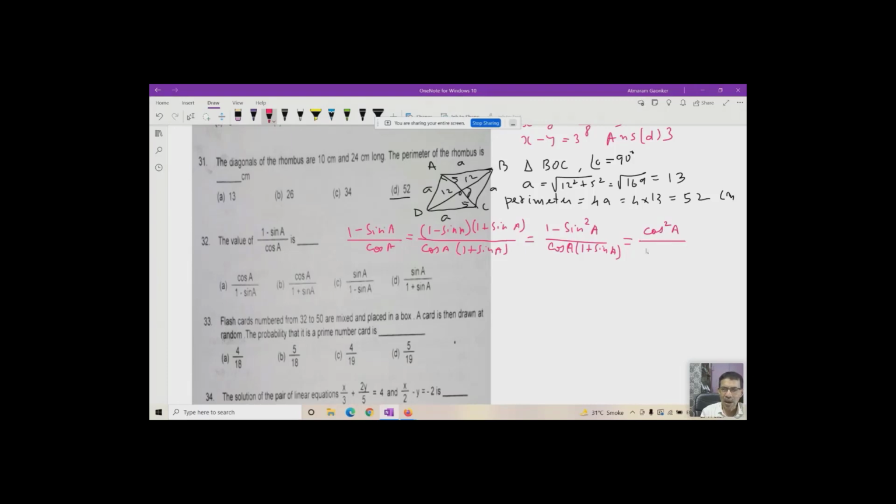So this will be cos A into 1 plus sine A, and you see here cos square, one cos goes and cos A goes, so this will become equal to cos of A divided by 1 plus sine of A.